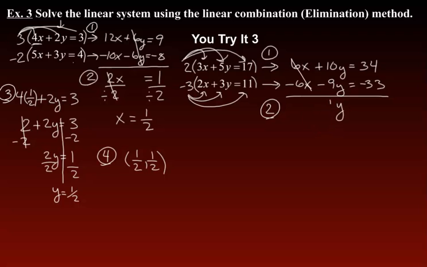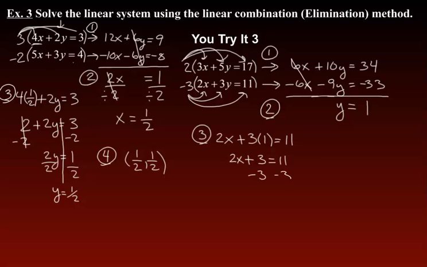I tend to write mine without the number in front of it. 34 plus negative 33 is 1. So I don't even have to do anything more because y already equals something. So moving on to step 3, we get to pick an equation to plug it into. It looks like the second equation has the smaller numbers, so 2x plus 3 times 1 equals 11. So we get 2x plus 3 equals 11.